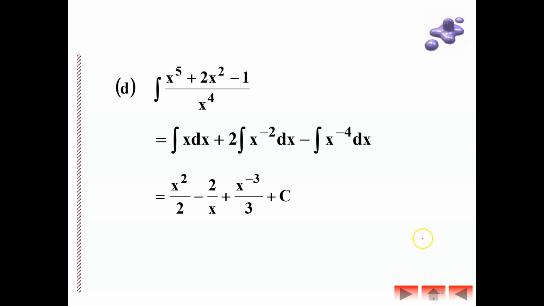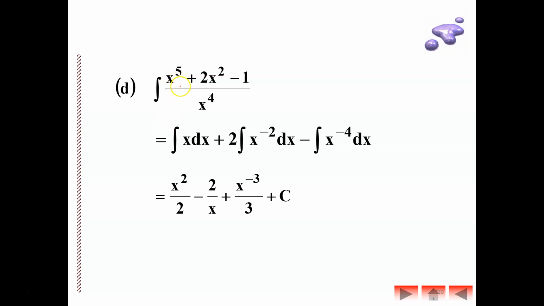Okay, next question D. Integrate x to the power of 5 plus 2x squared minus 1, divided by x to the power of 4. So now you have division for this function. To make it easier, you better divide each term by x to the power of 4.